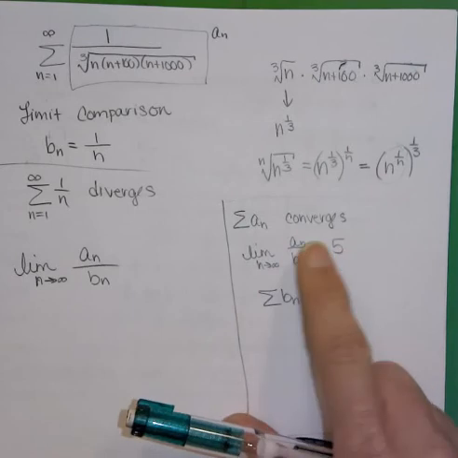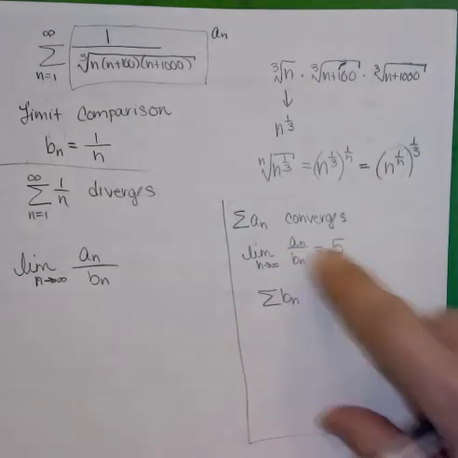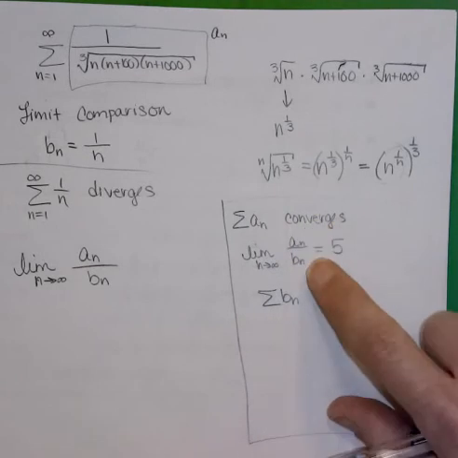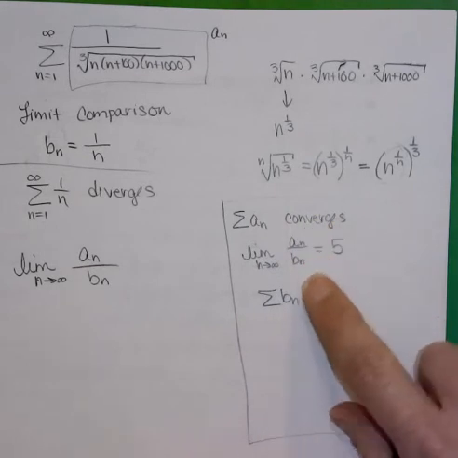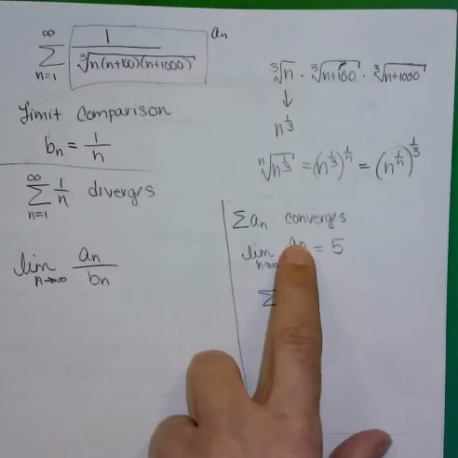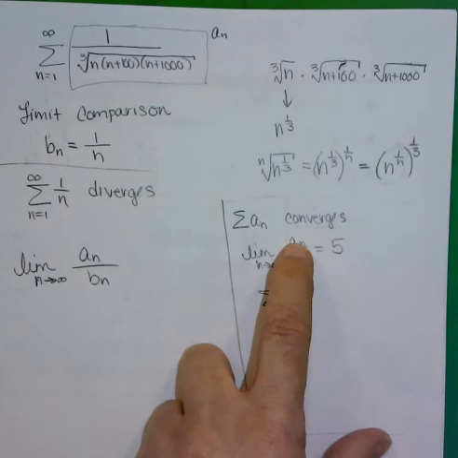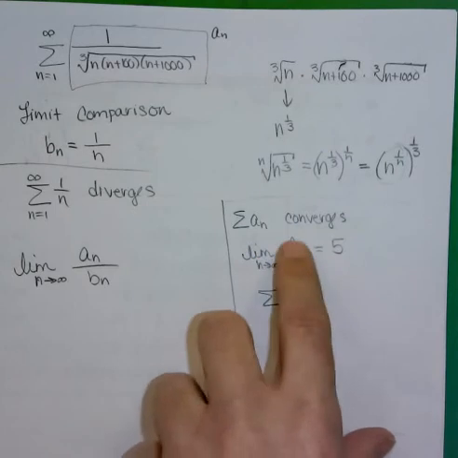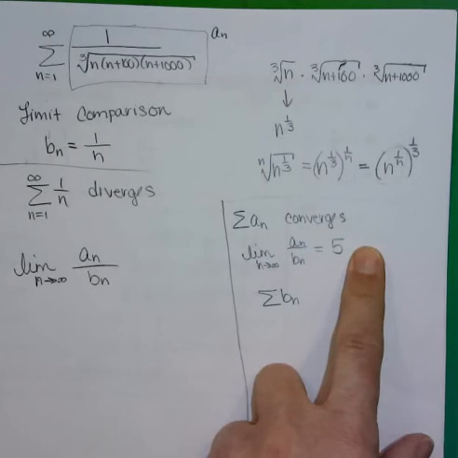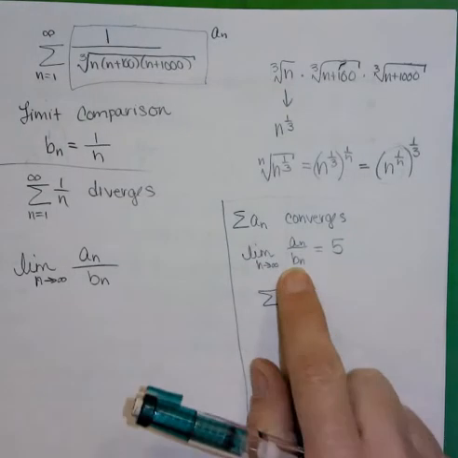Their ratio is getting closer and closer to 5 over 1. But if the a sub n's add up to some finite number, then 5 times b sub n is going to add up to some finite number. The b sub n's are even smaller.